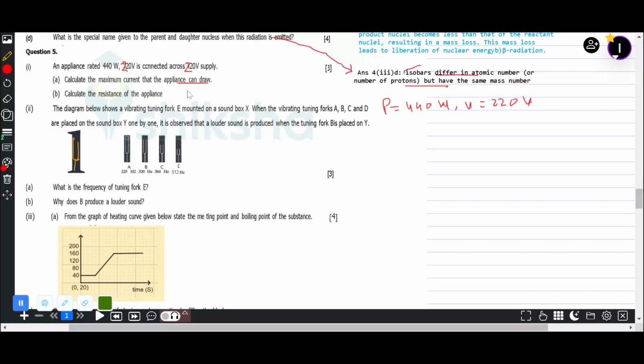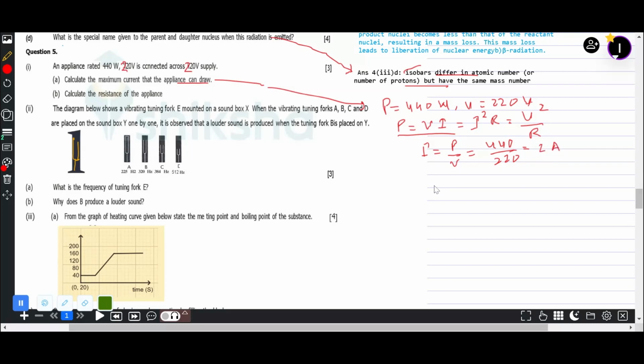Now we know P is equal to VI, is equal to I square R, or V square by R. You would have heard of these formulas. We'll use this one. So I is equal to P over V, that is 440 over 220. Okay, so that is 2 ampere.